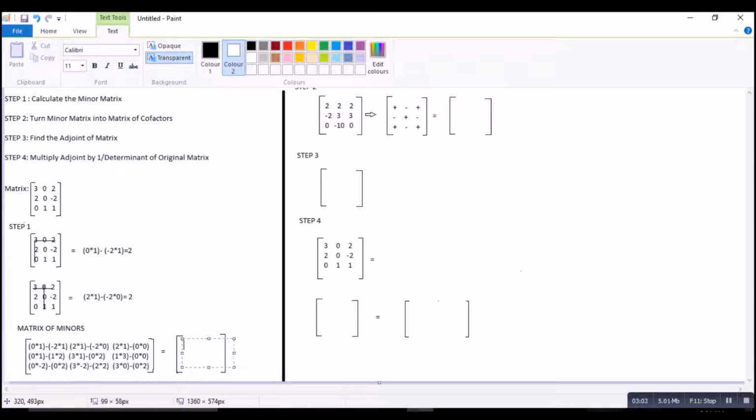After solving these equations, we will get the values 2, 2, 2, and 2. For the second row, we will get the values negative 2, 3, and 3. And for the third row, 0, negative 10, 0. Now we have obtained our matrix of minors.